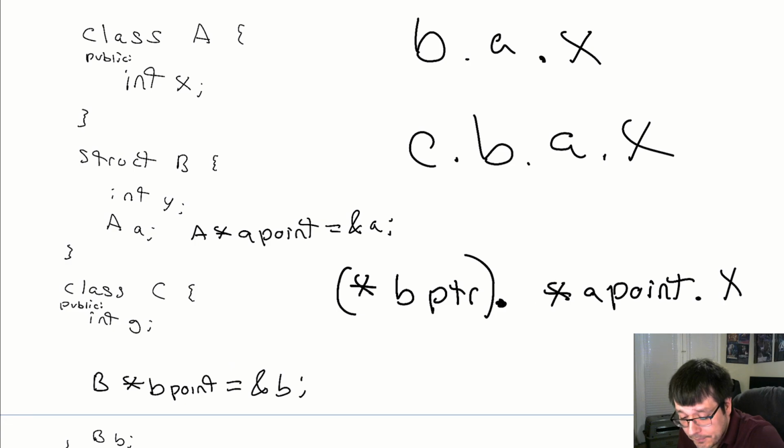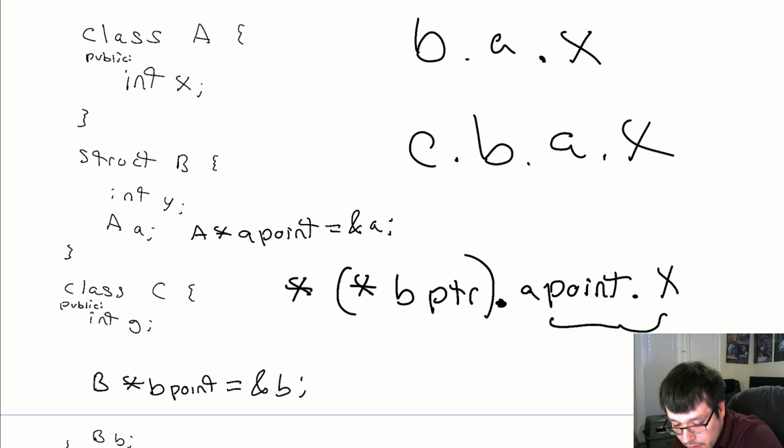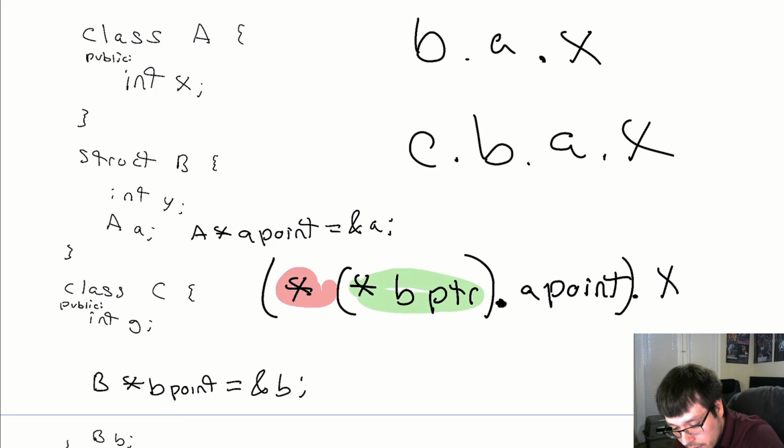It turns out that this asterisk, because we actually need to combine the address of this with this before we can get that. So what we gotta do is move this asterisk to the end here, like that. But then we have the same issue with the order of operations, that this is happening before the dereferencing of this. So we need to put a parenthesis here to here so that the order is: first we do this, then we do this part here, and finally we can go ahead and do the .x part.